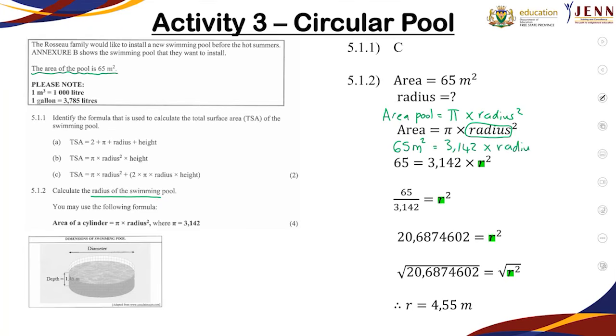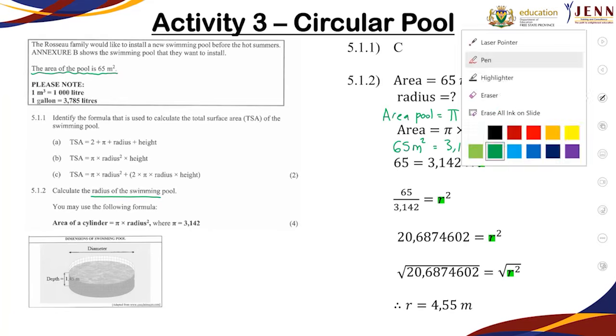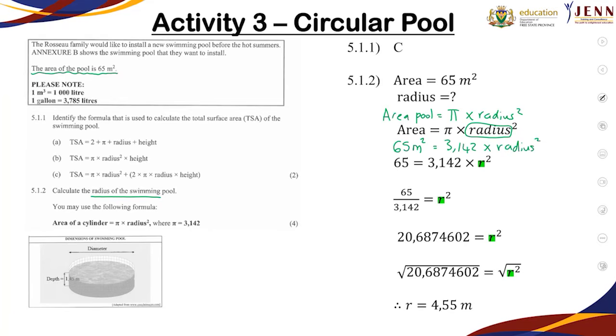What is given, if I look at the context, the area of the pool is 65 square meters. So here I'm going to put the area, 65 square meters, equals pi, which is 3,142, multiplied by the radius squared. So now I must solve for the radius, because that's what we want.